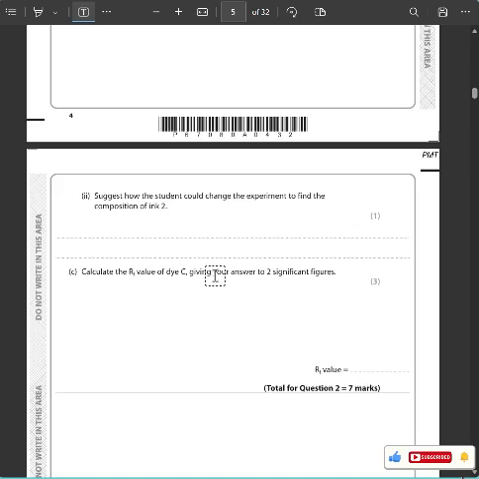Next part. Suggest how the student could change the experiment to find the composition of ink 2.